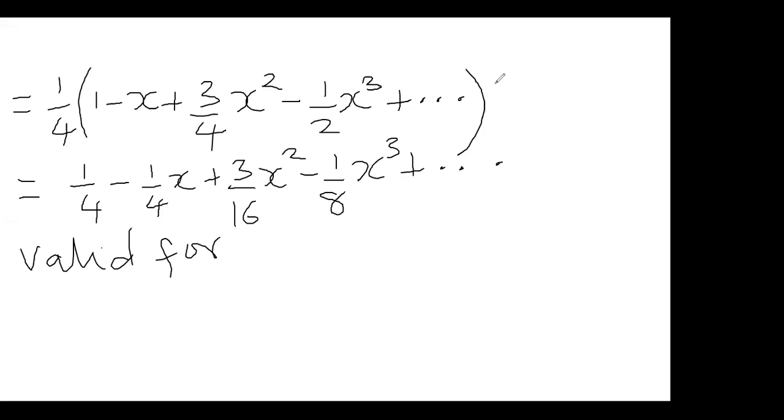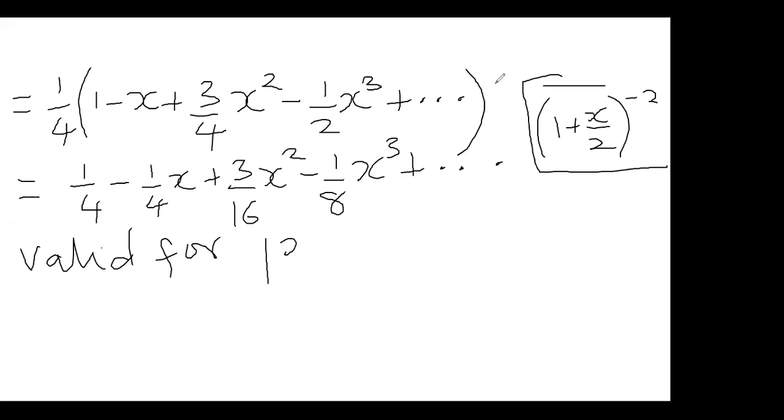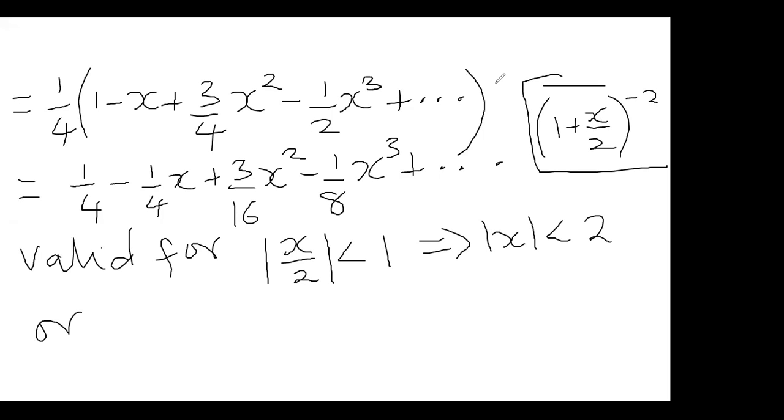So the validity here, we are looking at, we had an expression in the brackets of the form 1 plus x over 2, then to the power negative 2. We know the expansion for that will be valid for absolute value of x over 2 less than 1, which means we have absolute value of x less than 2, or negative 2 less than x less than 2.